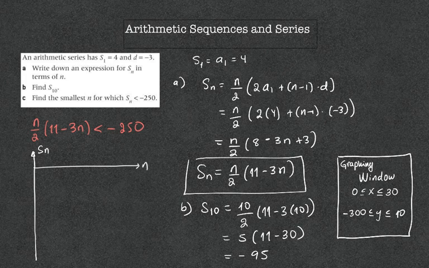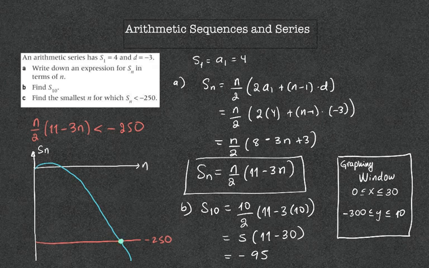Once you graph this, Sn should look something like this. It should do a little bit of up and then down. And then minus 250 is a straight line that is horizontal somewhere here in the bottom. The intersection is this point right here.